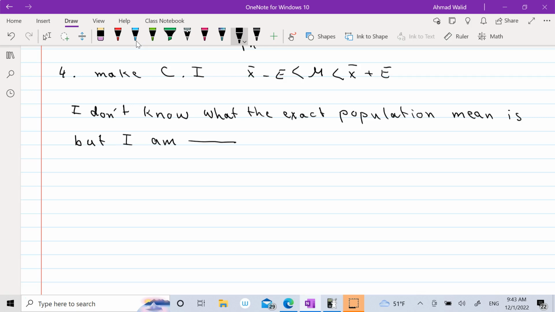You can use your confidence level, for example, 95, 90, 99. Usually we use these 3, correct?